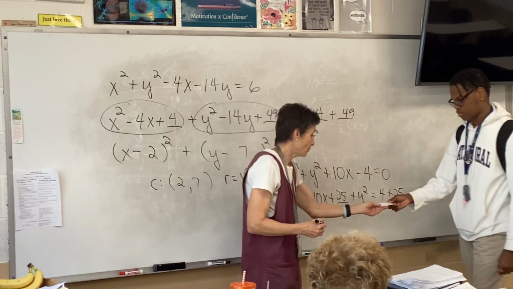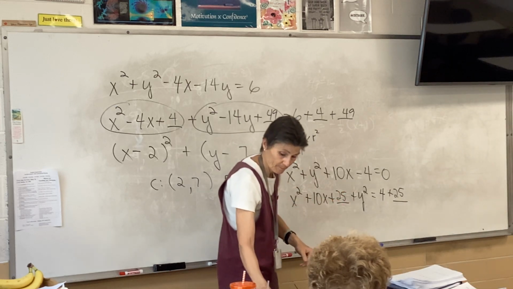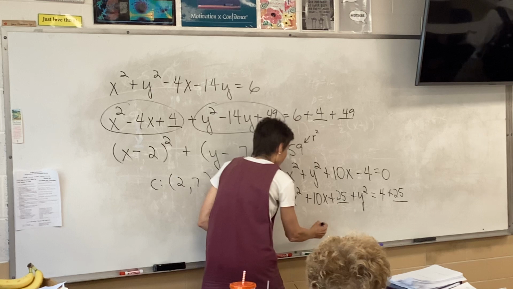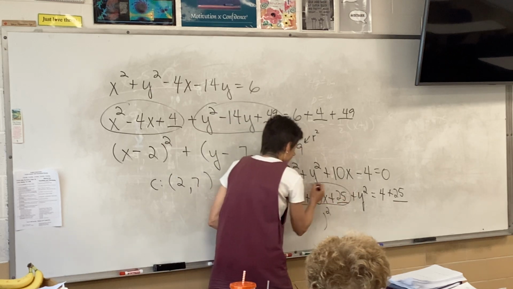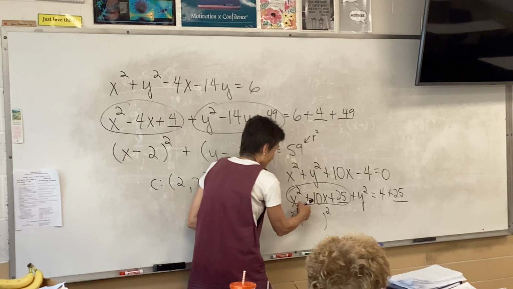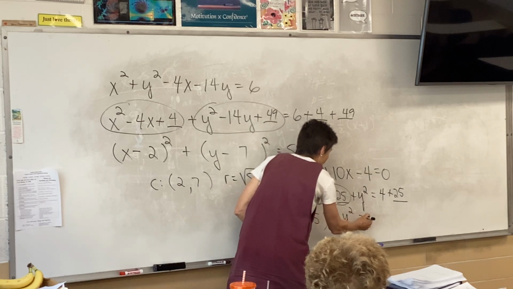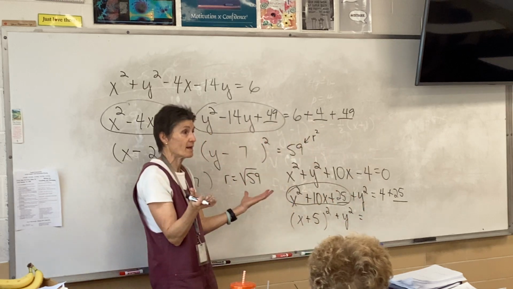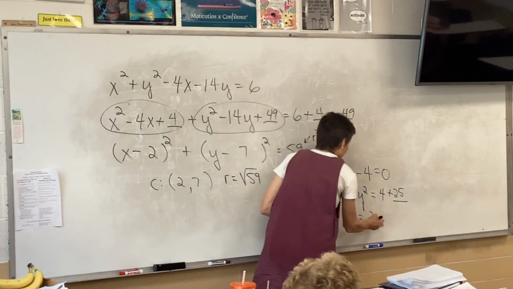I only have one parentheses, and that's going to be what? What parentheses is this going to be? X plus 5. Yep. Plus my y squared. You can't leave him out, but he's just there. There's no parentheses. It's just y squared equals 29.